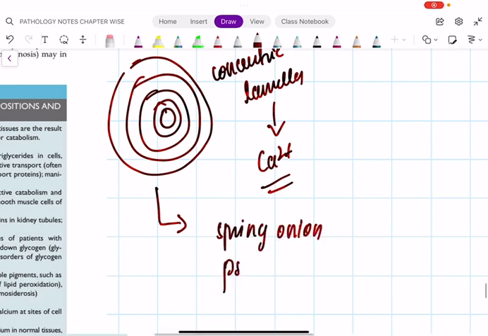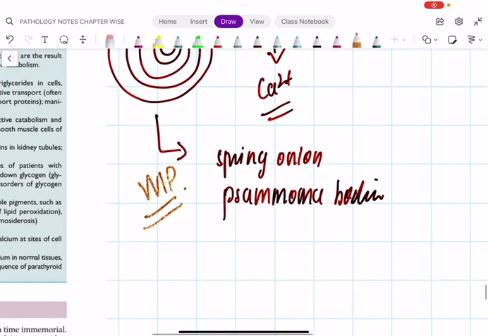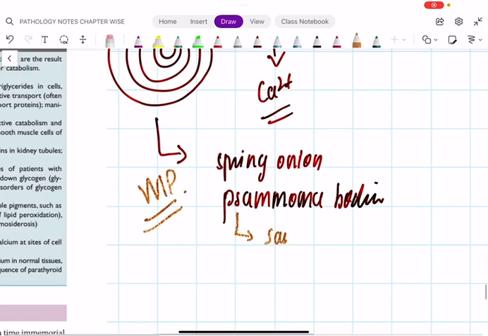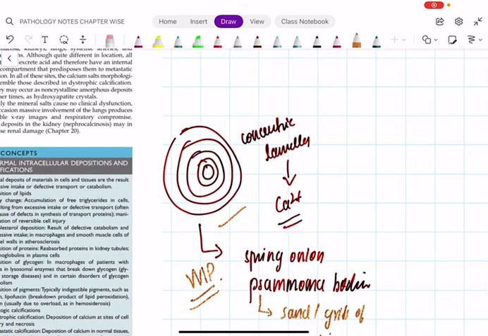They are called psammoma bodies. Psammoma bodies are very, very important, a VVIP. You will learn this till the last chapter in pathology. Psammoma means sand. It looks like grits of sand in histopathology, you will see like this.